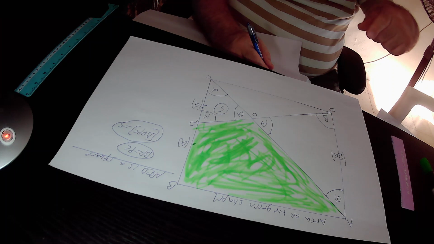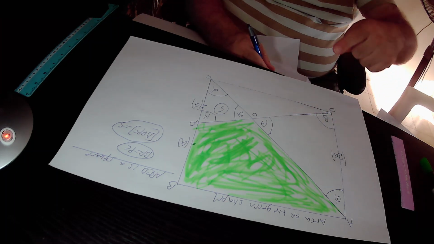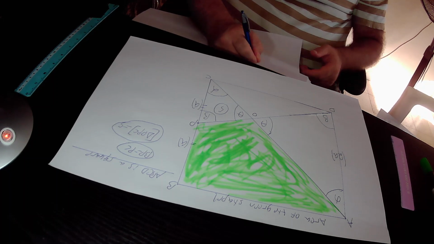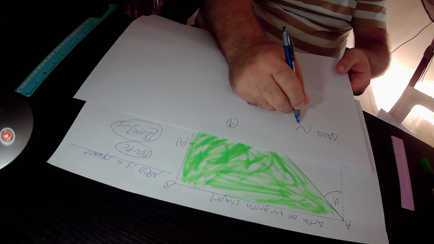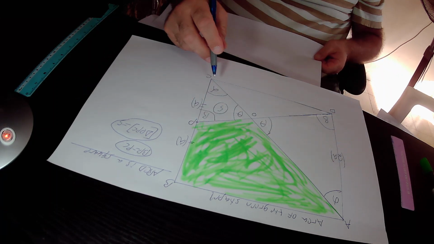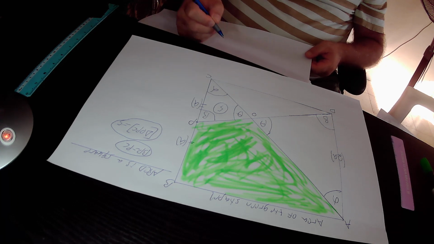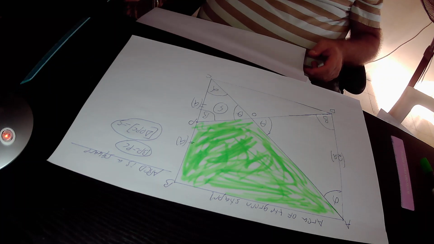So 3. This is the big triangle AOD, and it is similar to this small triangle POC, according to the angle similarity rule.